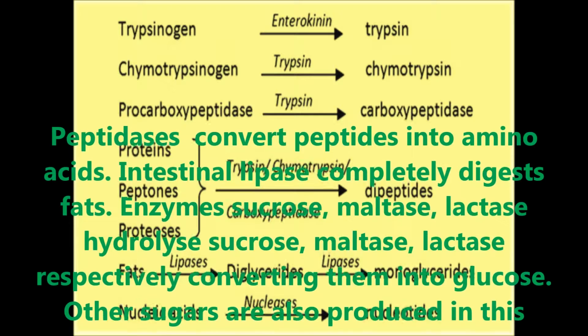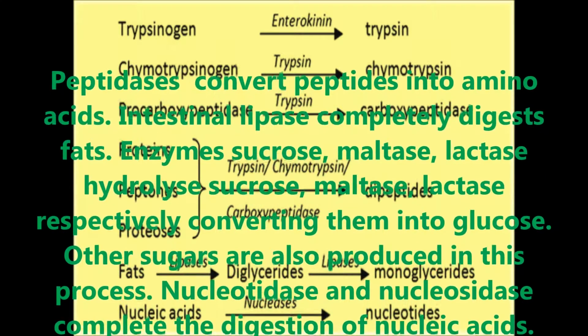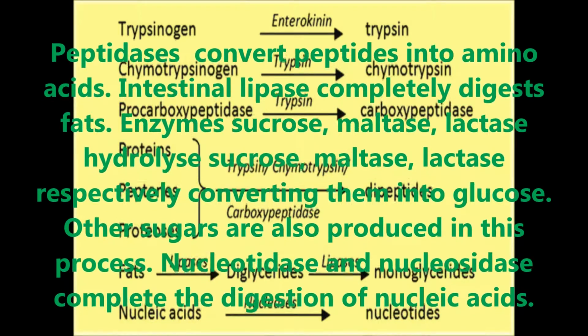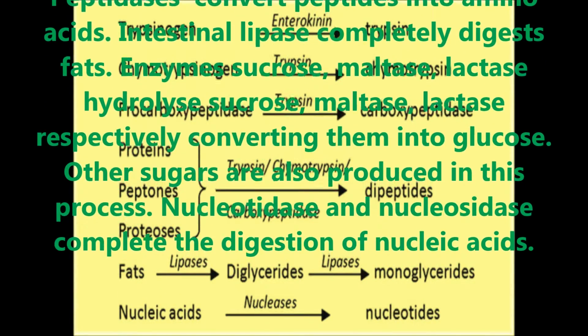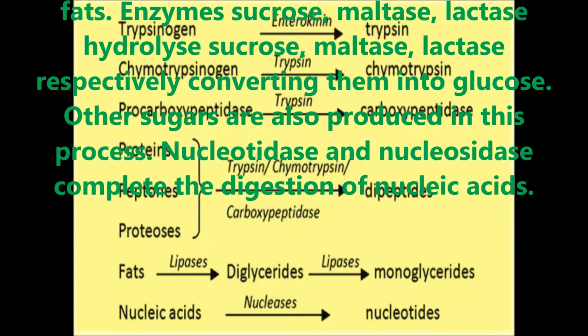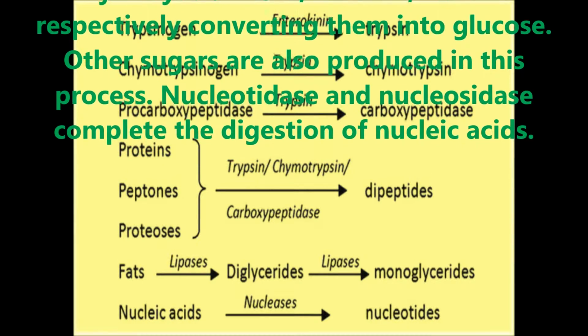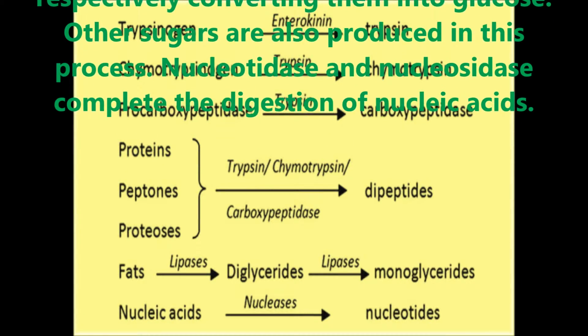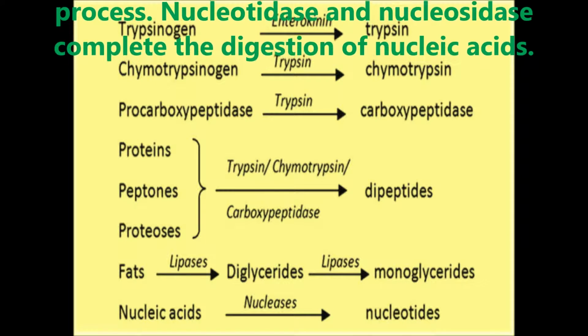The enzymes such as sucrase, maltase and lactase hydrolyze sucrose, maltose and lactose, respectively converting them into glucose. Other sugars are also produced in this process. Next, the nucleotidase and nucleosidase complete the digestion of nucleic acids. The end products of digestion are absorbed in the intestine.